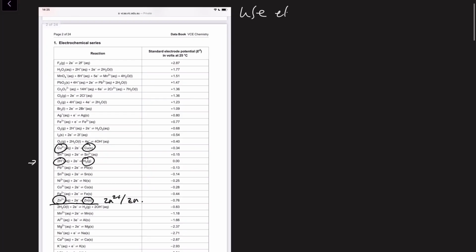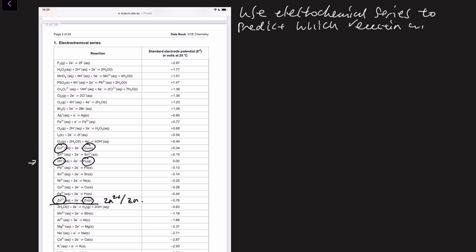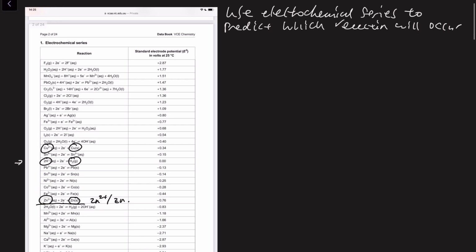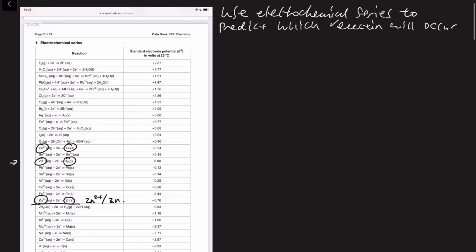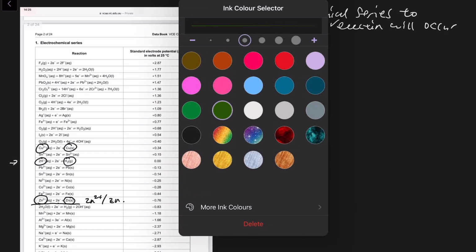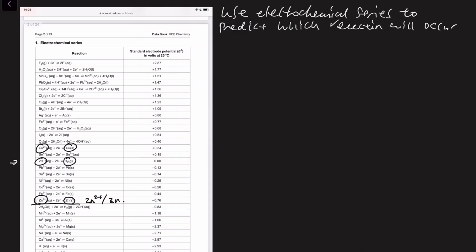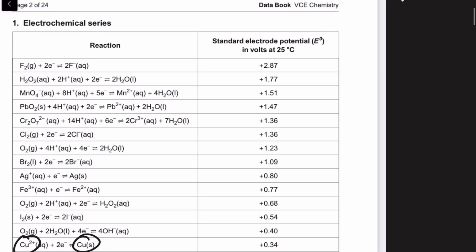You can use electrochemical theories to predict which reaction will occur. So let's have a look at some of the characteristics of the electrochemical series.